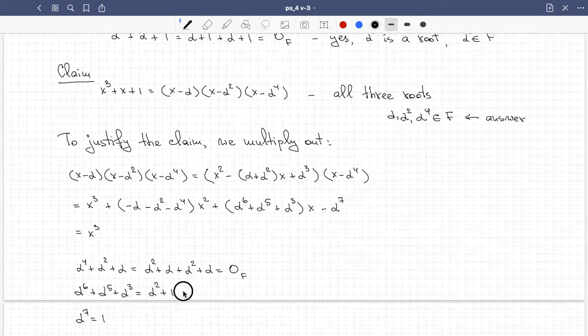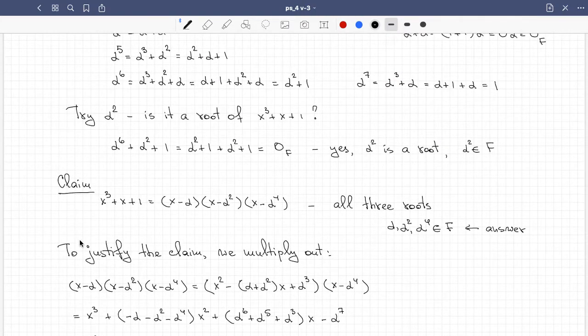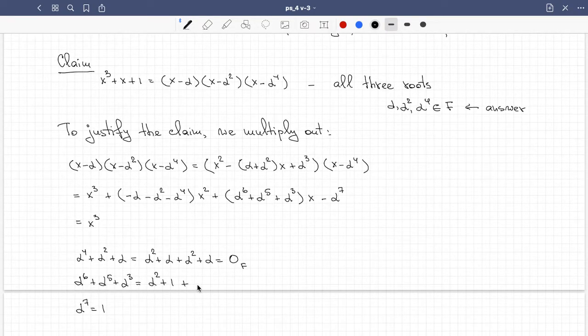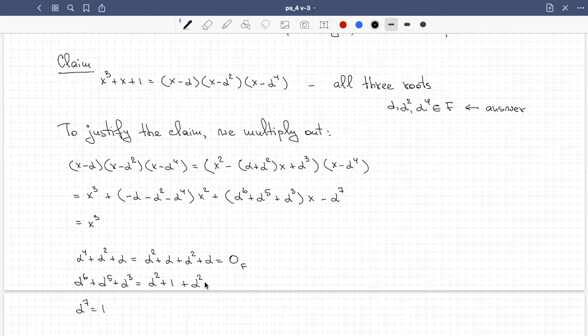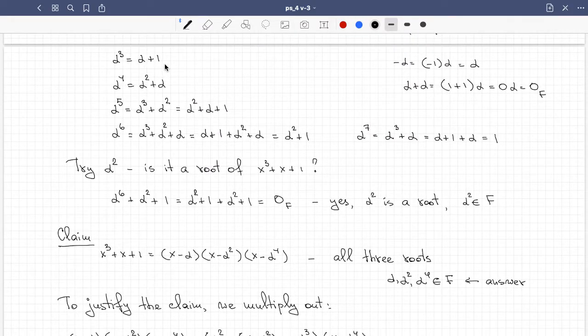Plus alpha to the 5. Alpha to the 5 is calculated to be alpha squared plus alpha plus 1. And alpha cube. Alpha cube is calculated to be alpha plus 1.